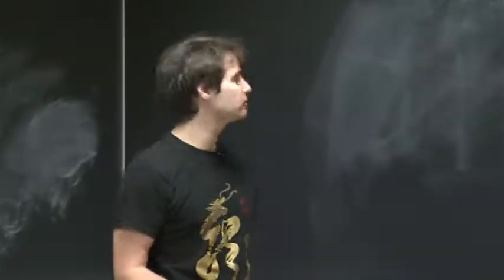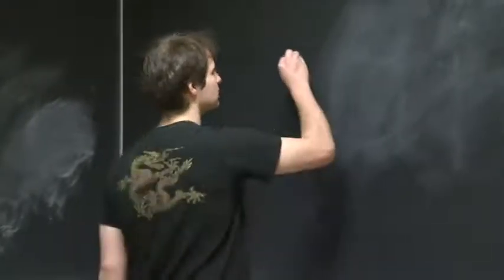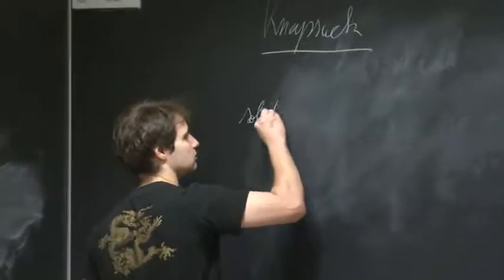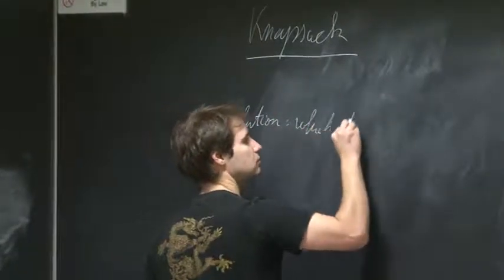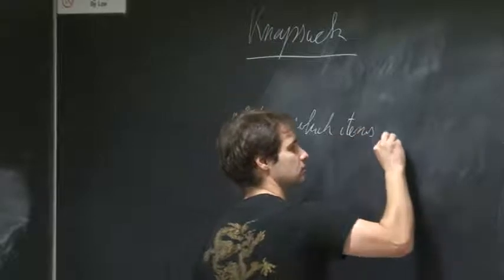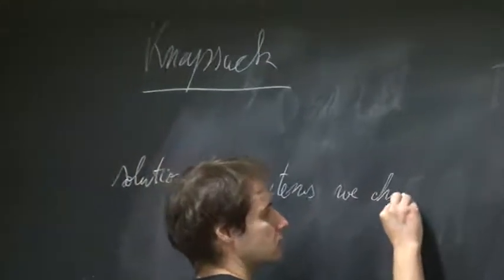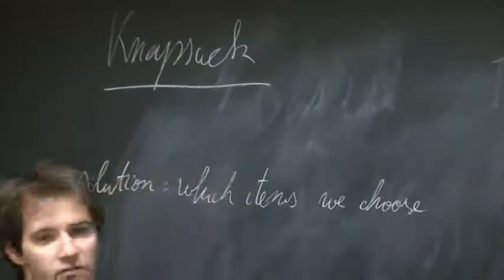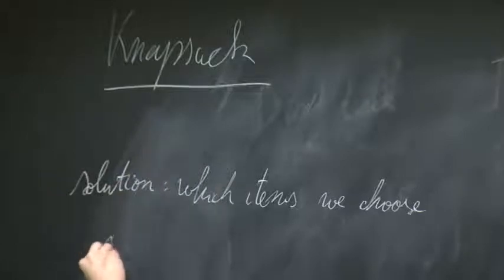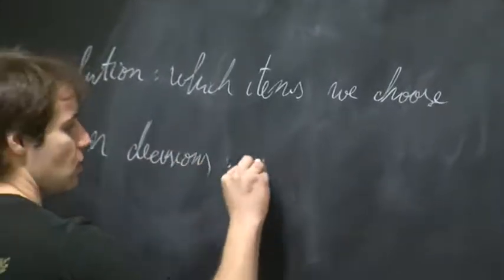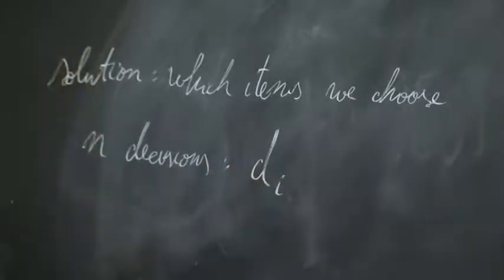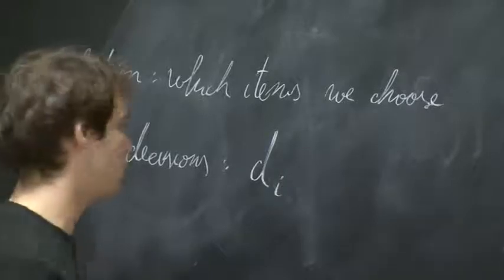First off, let's represent the solution. So a solution is which items we choose, right? So we can phrase this as n decisions. Each decision is a true-false decision, and it indicates if you take that item with you or not.